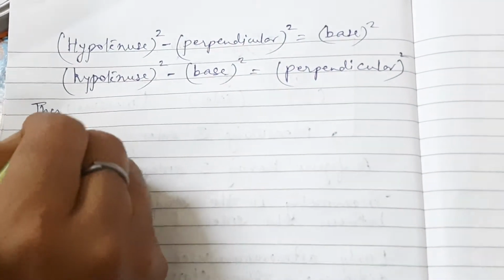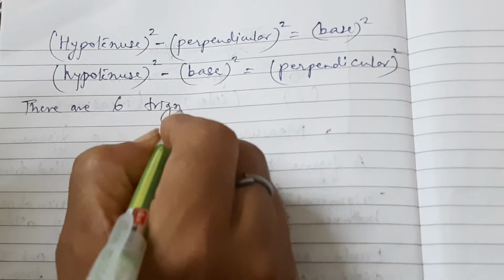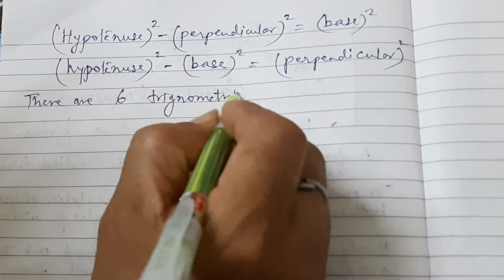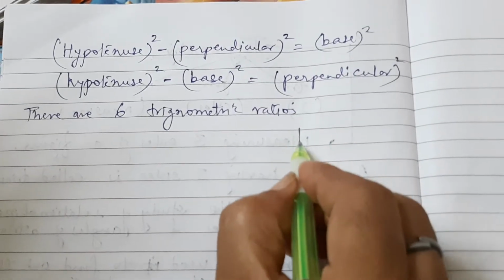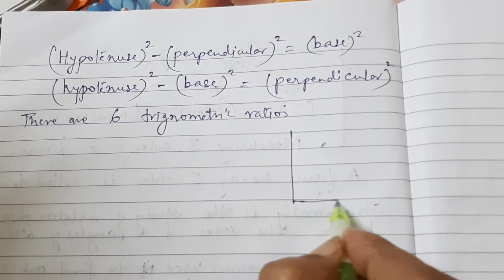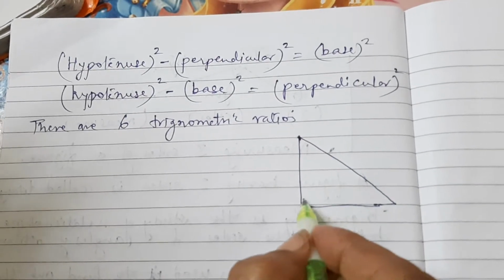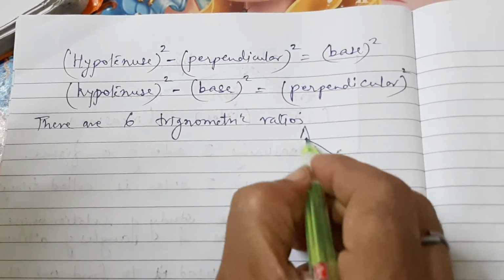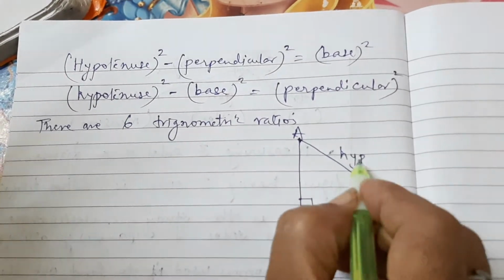There are 6 trigonometric ratios. Trigonometry always works on a right angle triangle. This longest side is actually the hypotenuse.